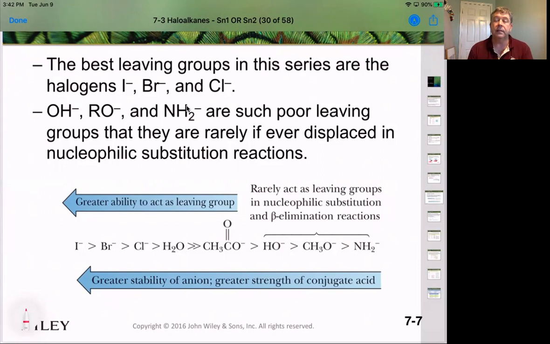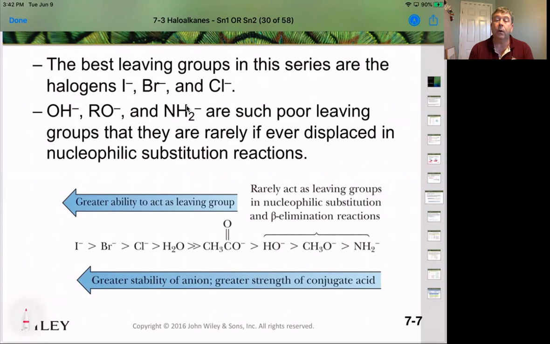The next easiest thing to leave would be something neutral, like water. When water leaves as a neutral species, that's a very good leaving group because it leaves no charged species left behind, and it can be removed from the reaction.